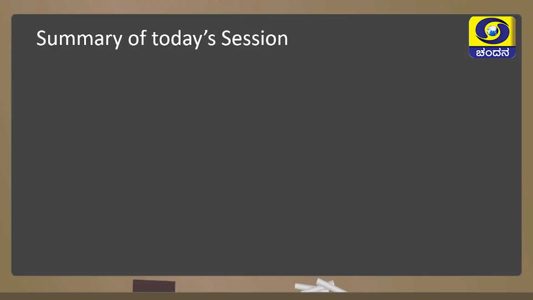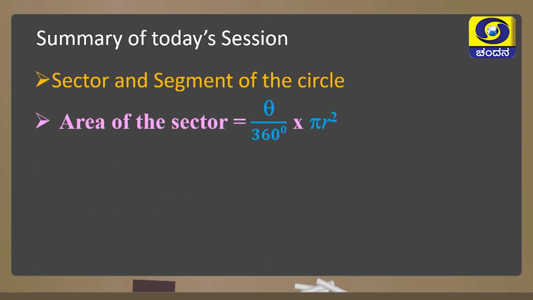In this session, what are all the things we have discussed is, the first point we recalled what are sectors and segments. Then the area of the sector, we know how to find.